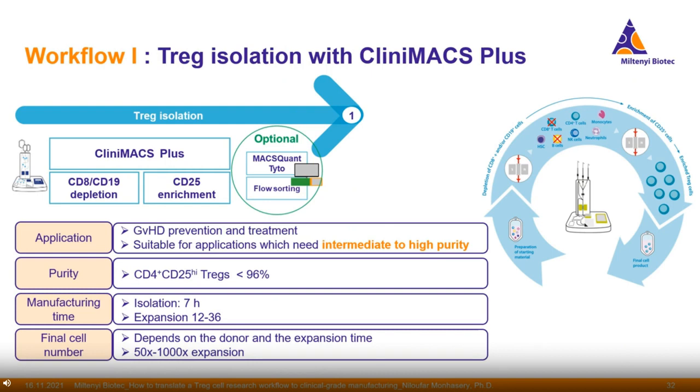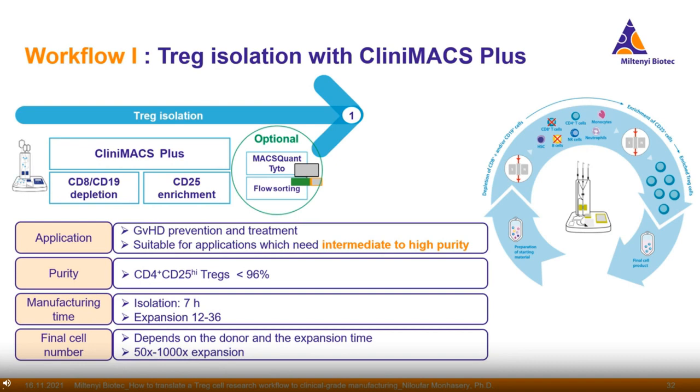Workflow 1 is Treg isolation with CliniMACS Plus. It's a specifically proper approach for producing cells for, for example, GVHD prevention and treatment, and suitable for applications where we need to reach intermediate to high purity. You can reach up to 96% Tregs, and the manufacturing time, or better to say the isolation step, takes 7 hours, and you can expand your cells according to your application from 12 to 36 days.